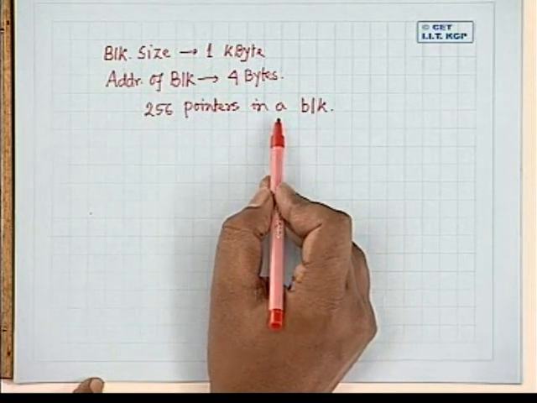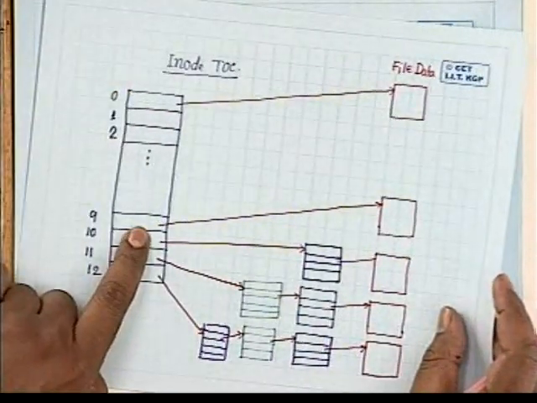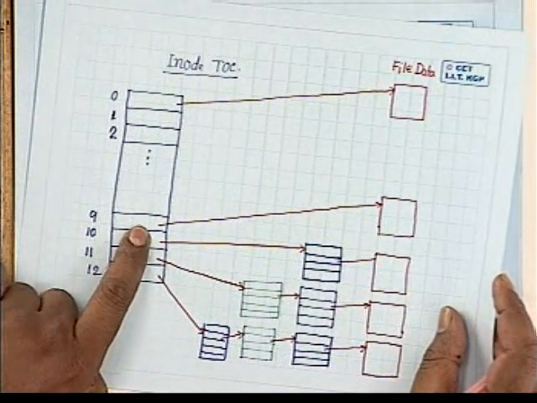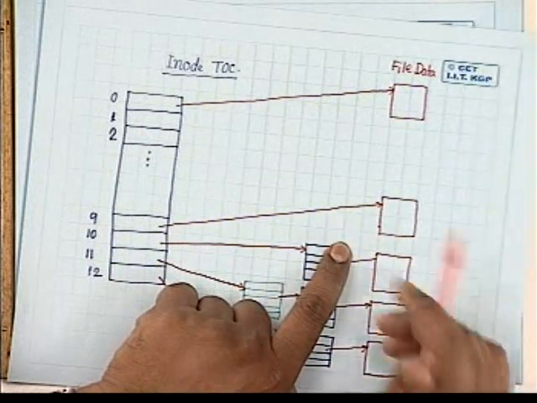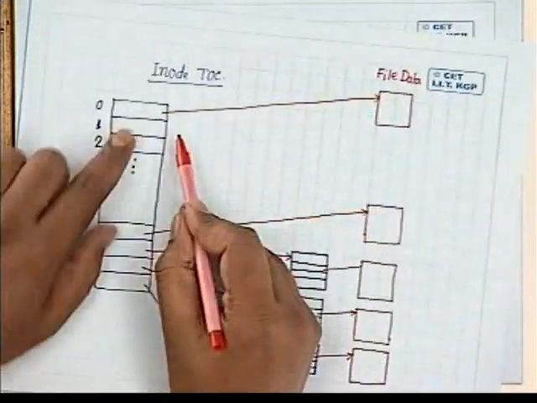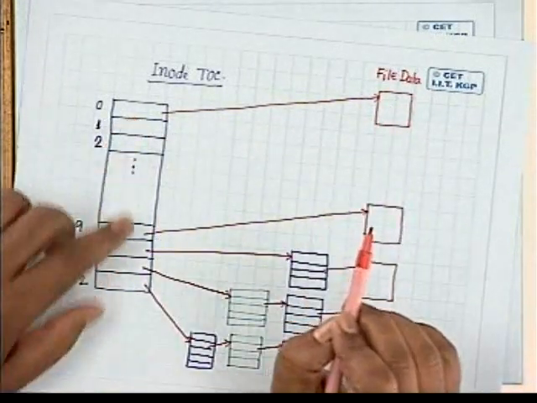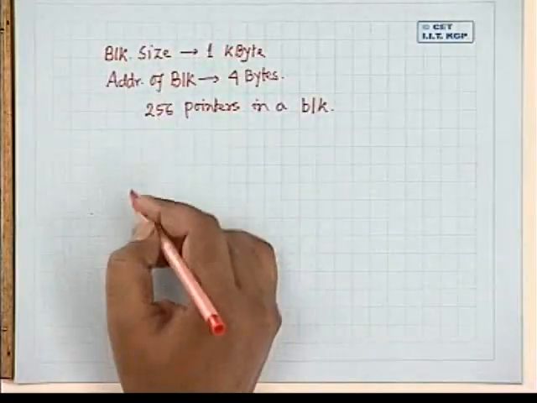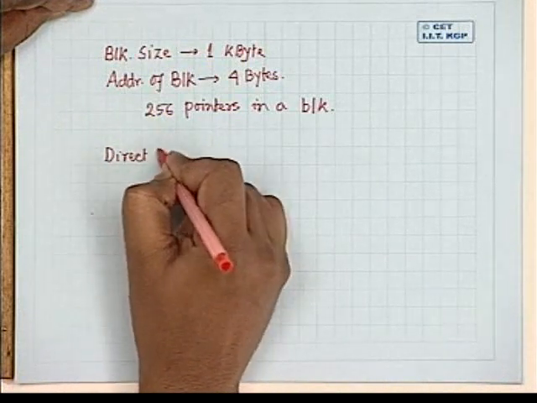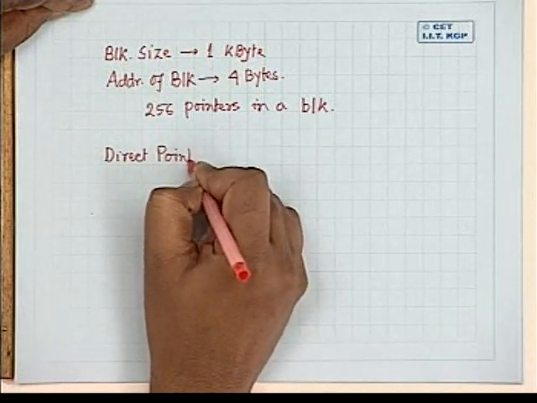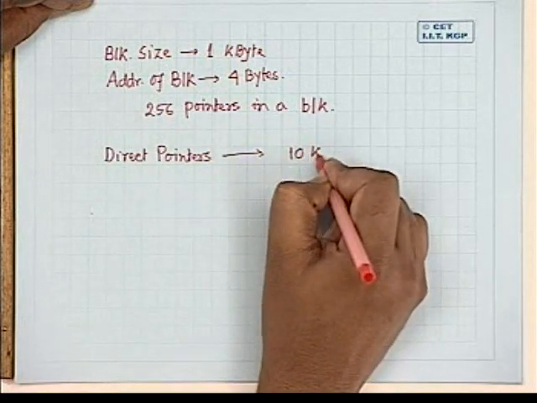Now coming to this inode table of contents, if I only follow the direct pointers, what is the maximum size of file? Every block is 1 kilobyte. Direct pointers point directly to data blocks. That is 10 kilobytes. So simply following the direct pointers, I can access a file size of 10 kilobytes.